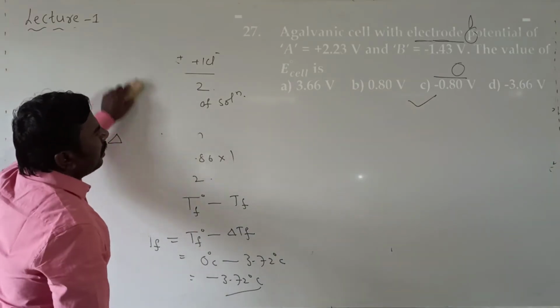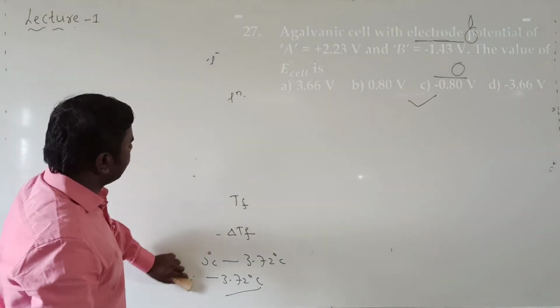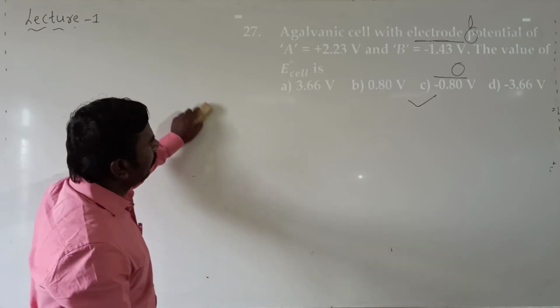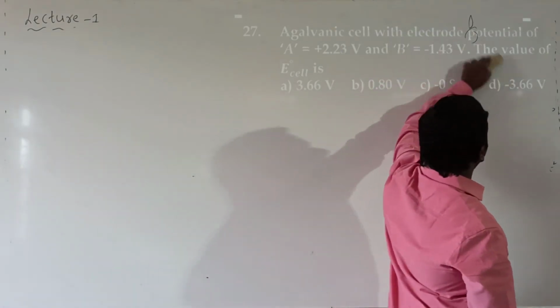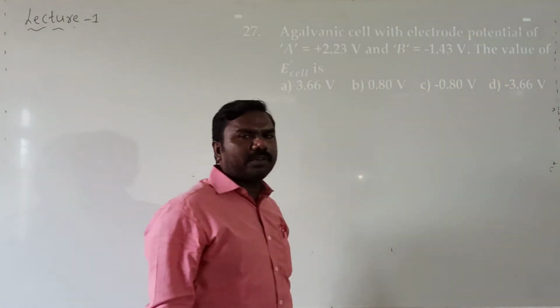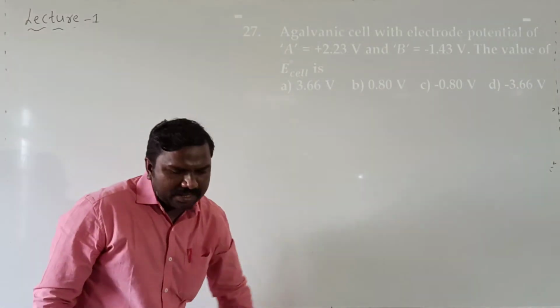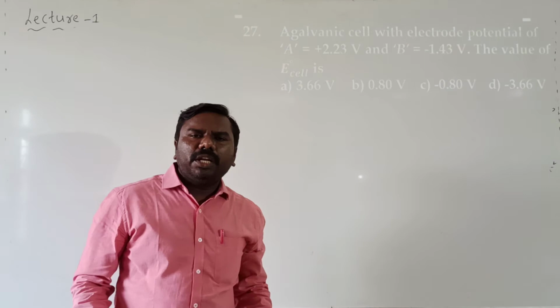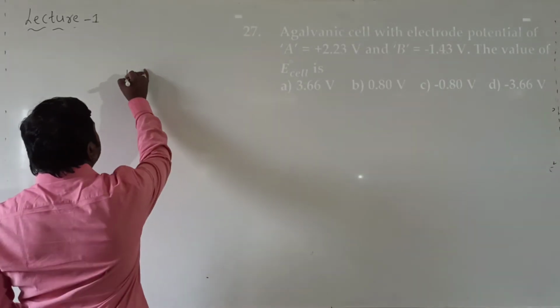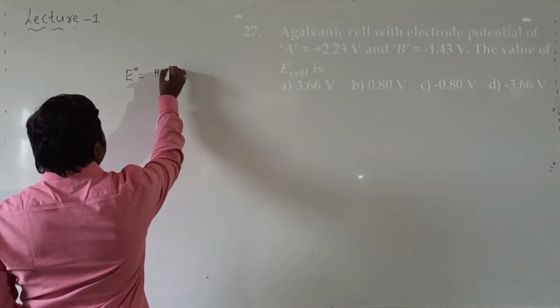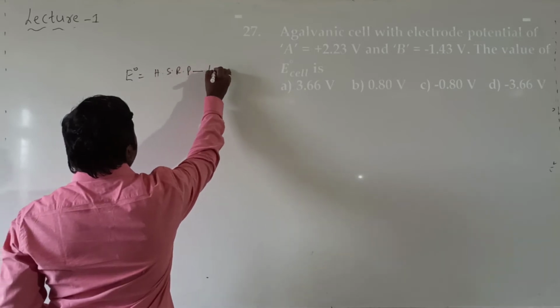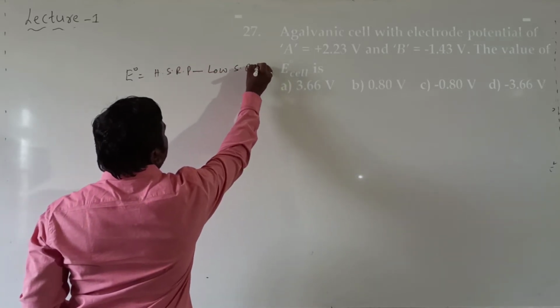A galvanic cell with electrodes, potentials here: A equal to plus 2.23 and B equal to minus 1.4. So the value of E naught cell, as I discussed in the last video, will be high SRP minus low SRP. Directly you can do this.